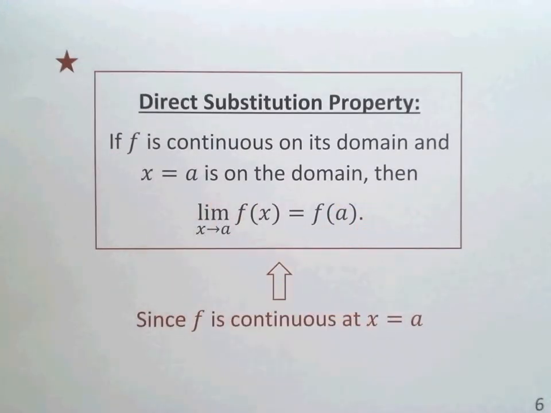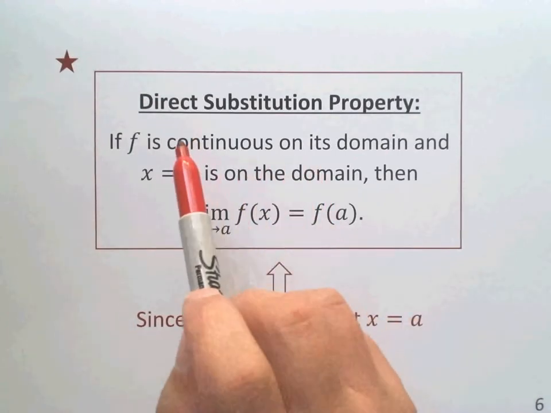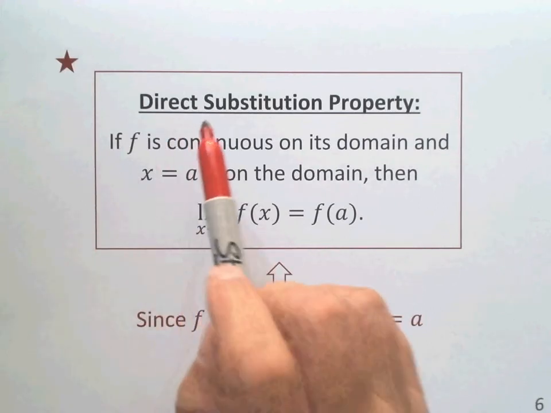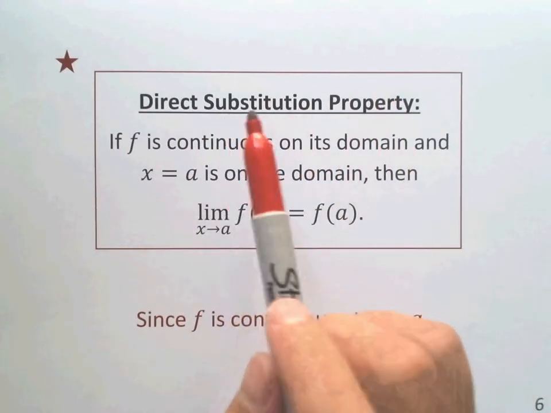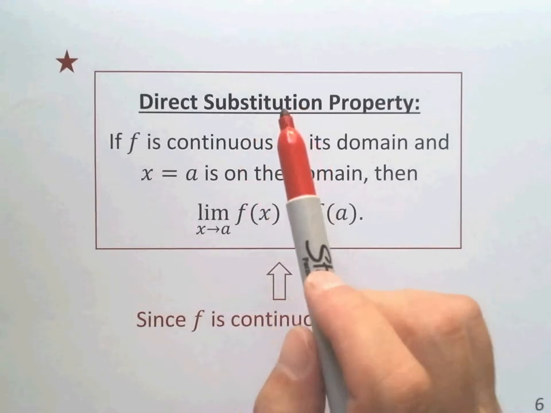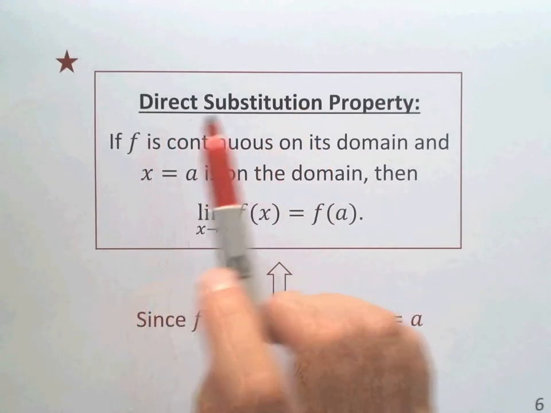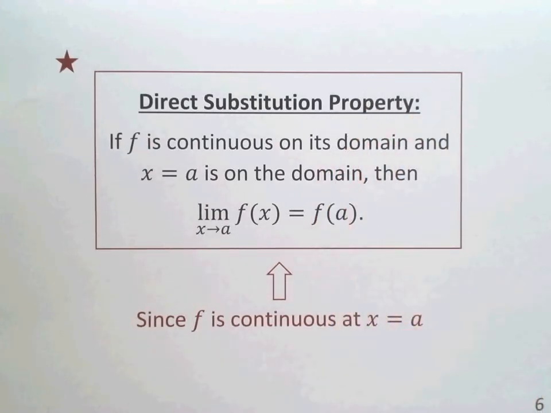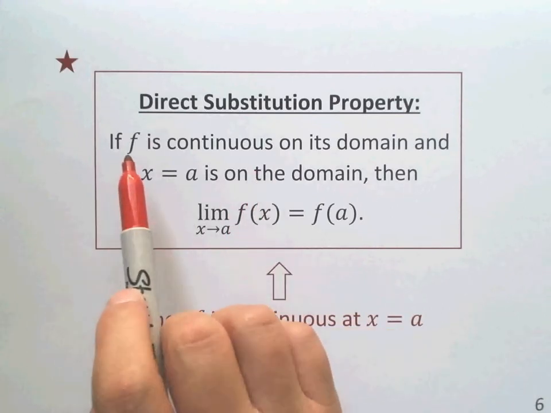And we have the major results here. We call it the direct substitution property. Do you remember? We learned the direct substitution property works for polynomials, right? Now we can extend this property for all continuous functions.